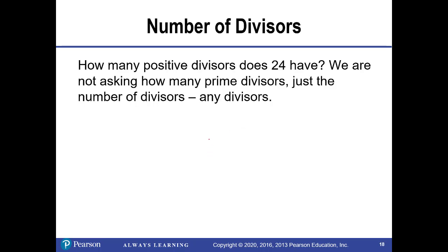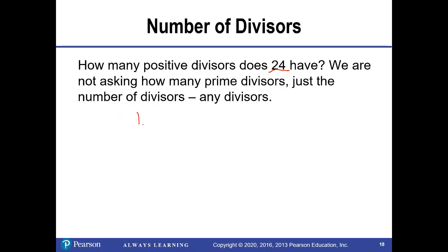Something else you might be asked to find is the number of positive divisors that a number has. Now, when it's asking this, it's asking not for the prime divisors, but just for how many there are. And so what we do in a case like this is we want to list the possible divisors. How well you do this depends on how well you remember multiplication facts. Right?